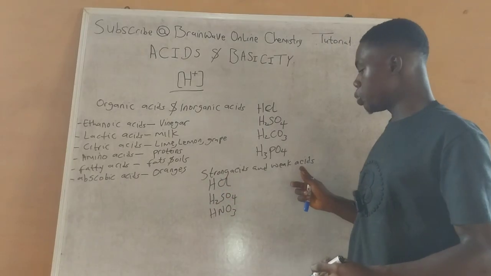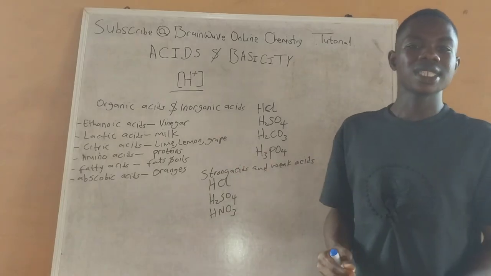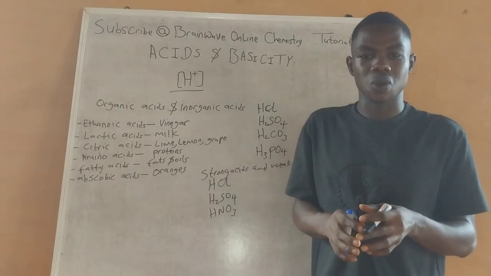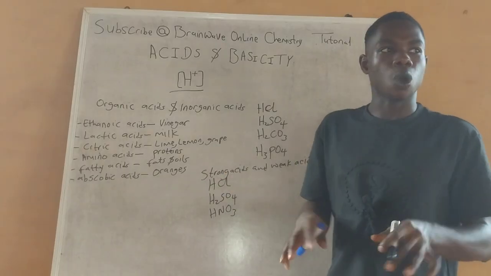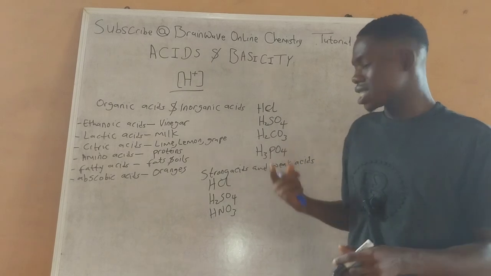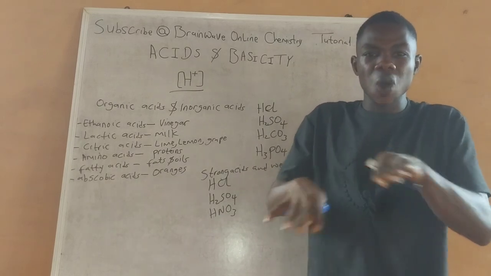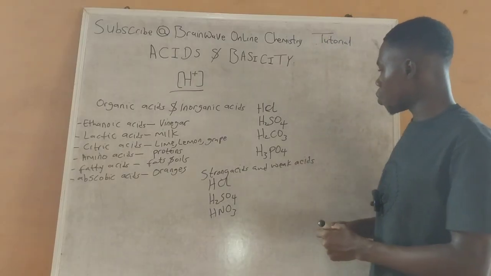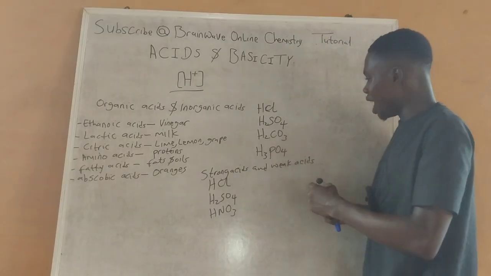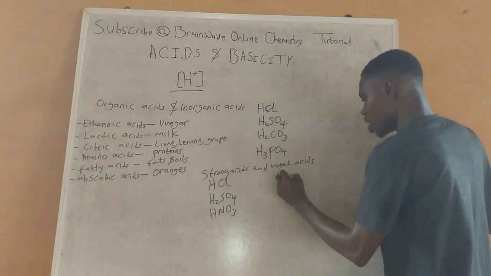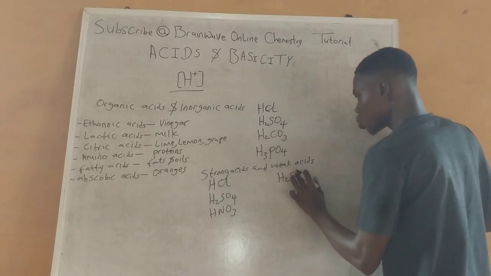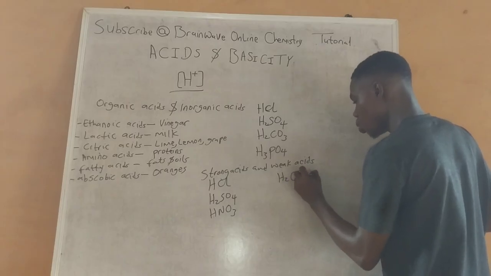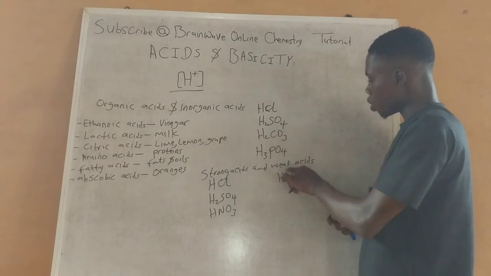Now we'll be talking about the weak acid under inorganic acid. Weak acids are acids that partially or slightly dissolve in solution, unlike the strong acid that completely dissolves in solution. Some examples of weak acid include trioxocarbonate 4 acid, which is H2CO3.